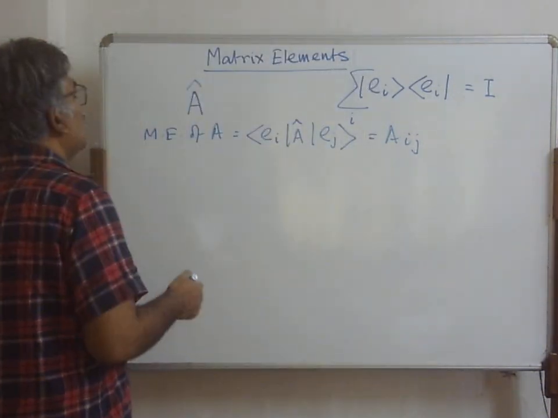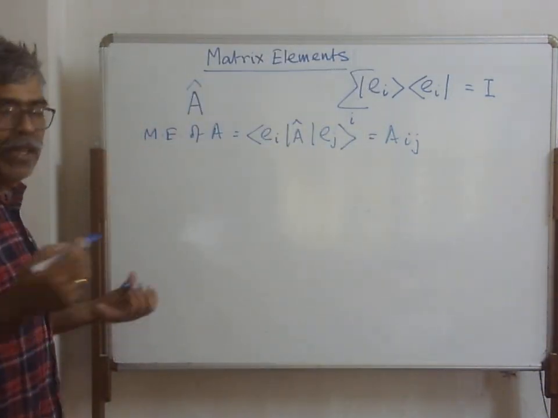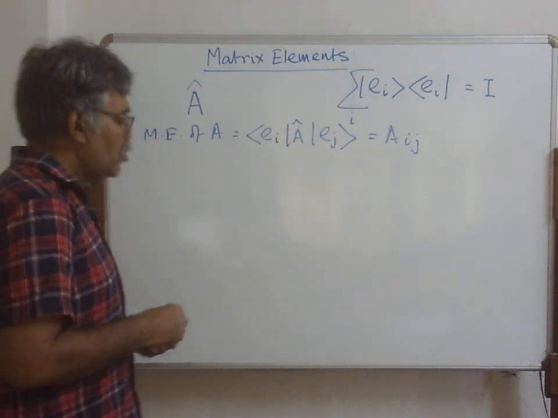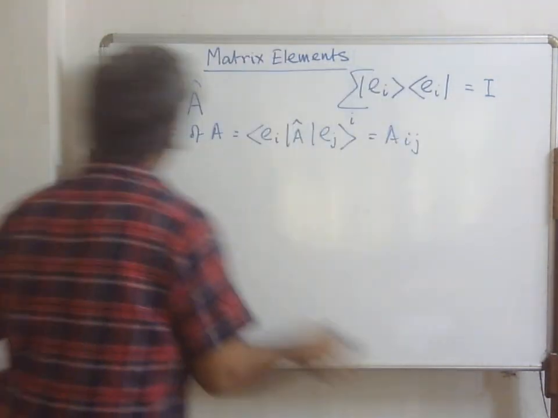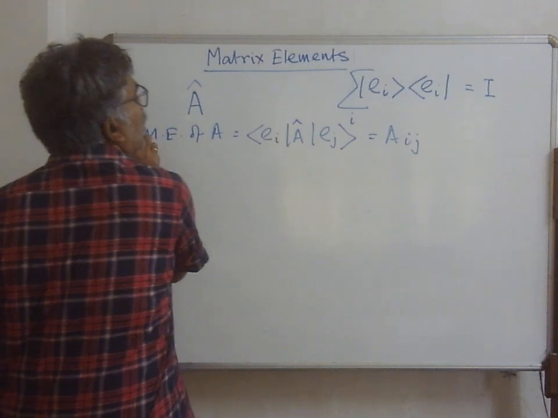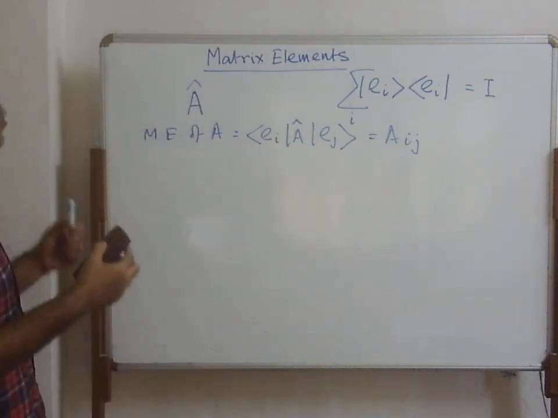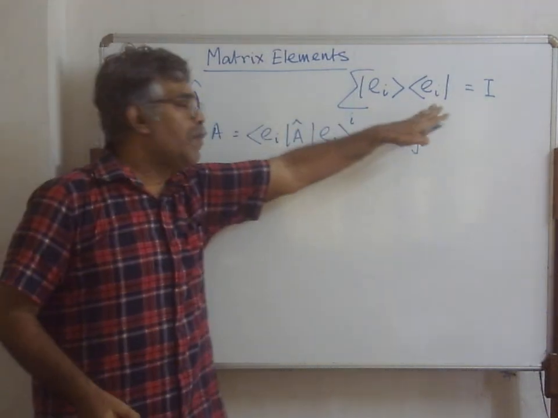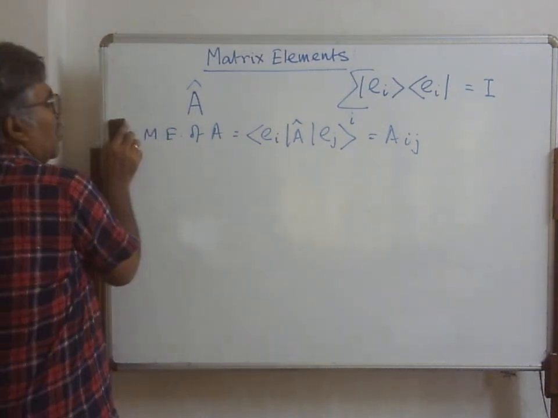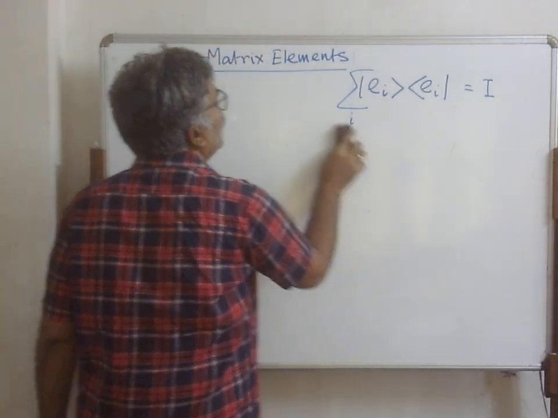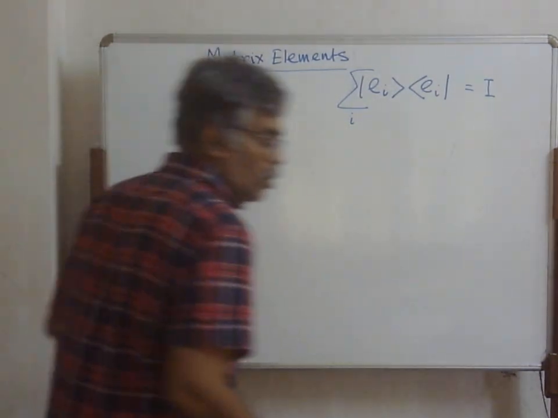So, matrix elements of A. Let me explain the mathematical structure. Suppose you have an operator A, and the representation of operator A with respect to this basis e_i. That is what I want to discuss.